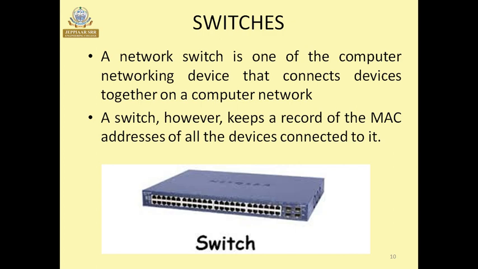But the MAC address is the physical address which is prepared in the system at the time of manufacturing itself. In the network interface card, we have an address which is embedded by the manufacturer itself.